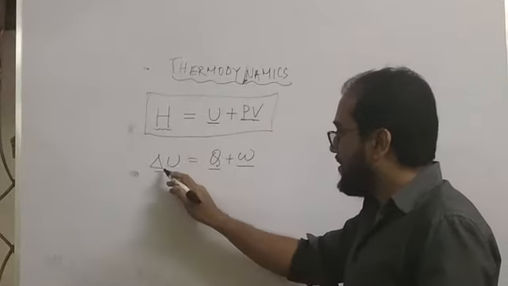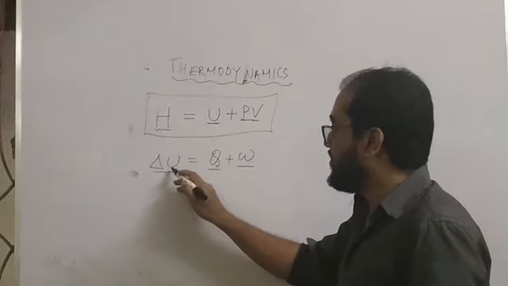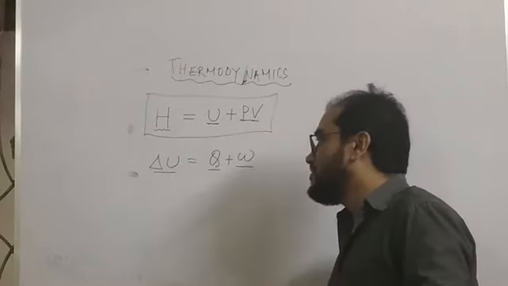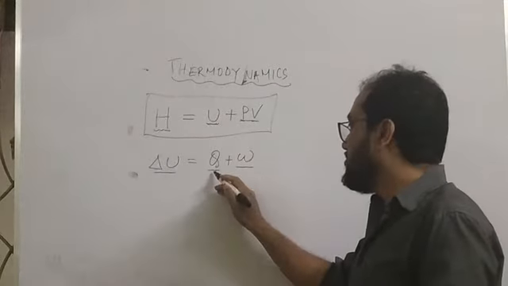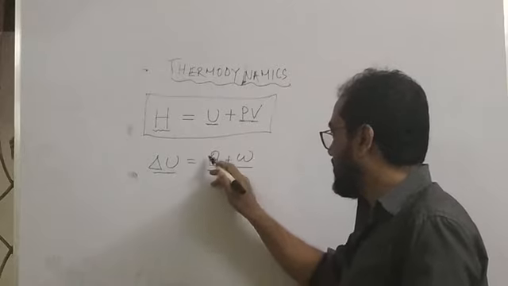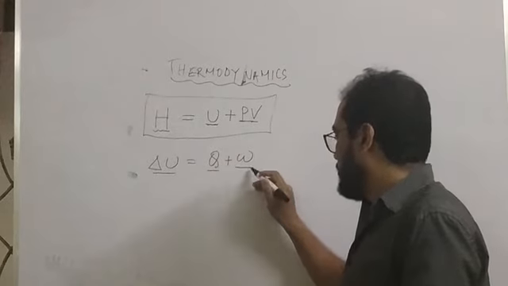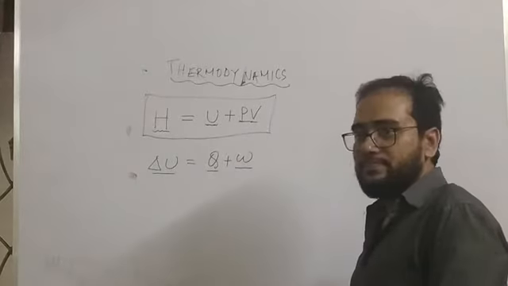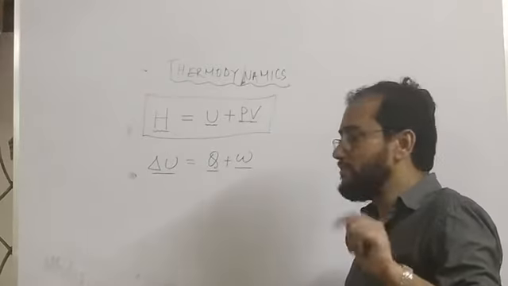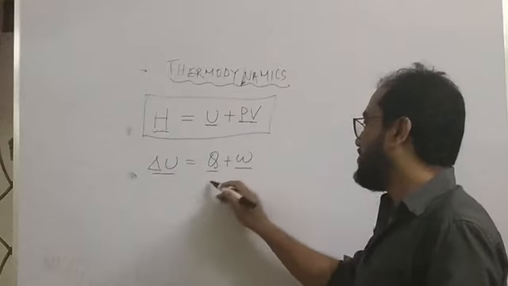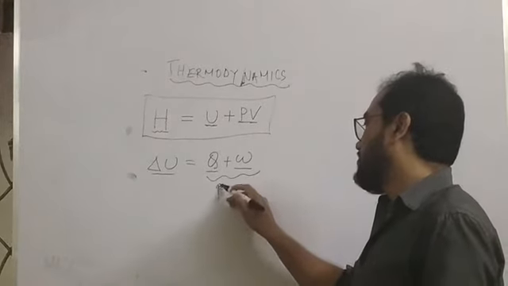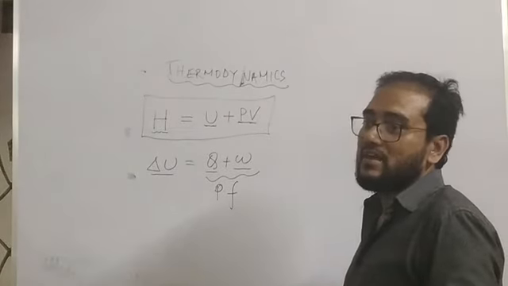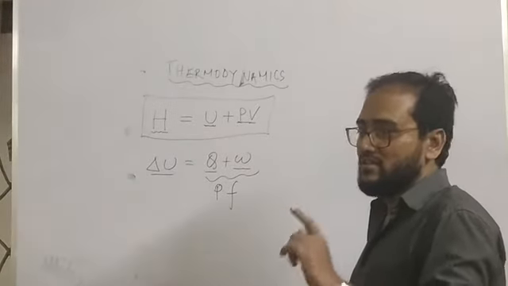You must be wondering, change of energy is represented by delta, so why shouldn't we put delta to denote change of heat and work done? Because this has a history, but simply remember these are path functions. Path functions don't take the delta sign to denote their changes.